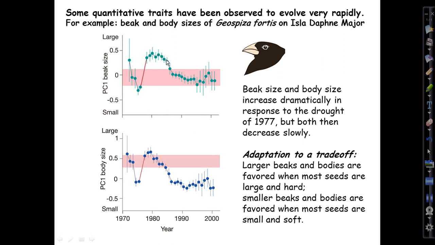Shows the great increase, which then gradually restored to something like its previous long-term mean body size and beak size because of this trade-off: larger beaks and bodies are favored, really necessary when most seeds are large and hard. But if there are lots of small soft seeds, then smaller beaks and bodies are better because little birds handle those yummy small seeds much more efficiently than large birds do.